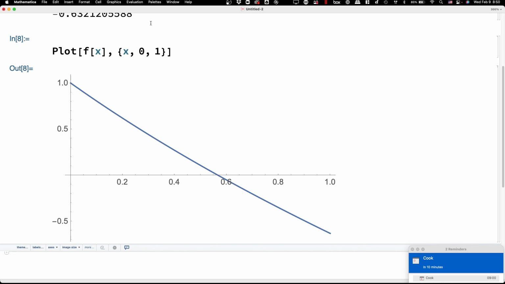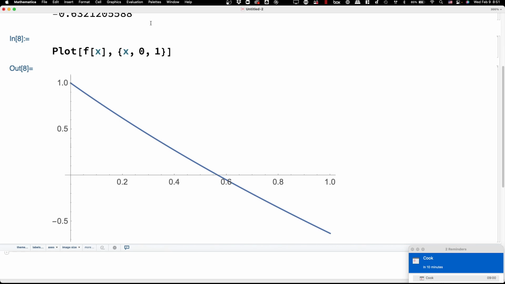Well, if this thing's continuous, we have to get from here to here, and we can't pick up our pencil in the process. So what is probably going to be true? It's got to cross somewhere in between.